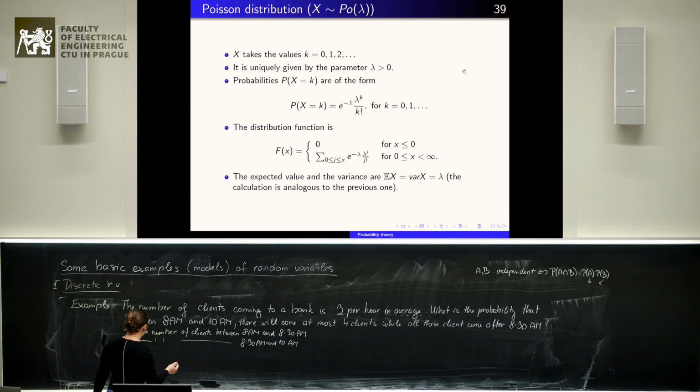And both of these numbers are the numbers of independent events.